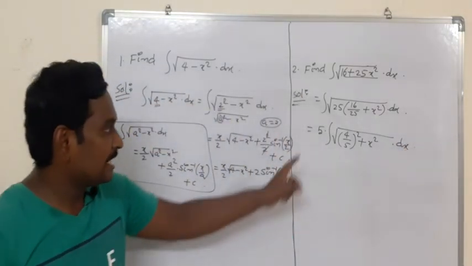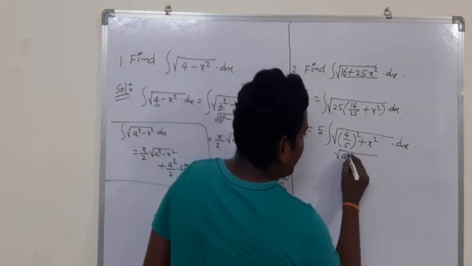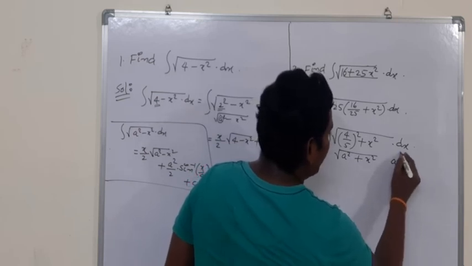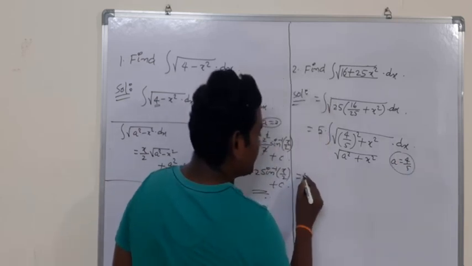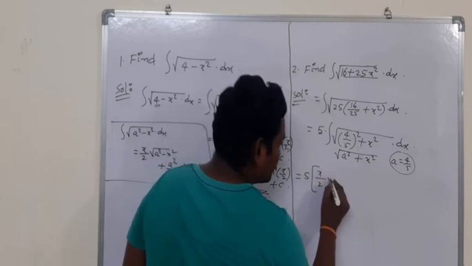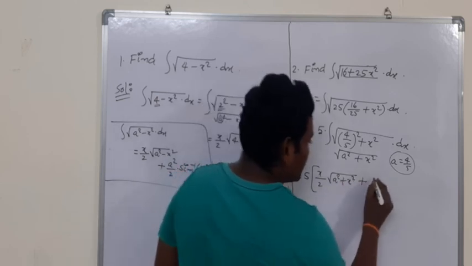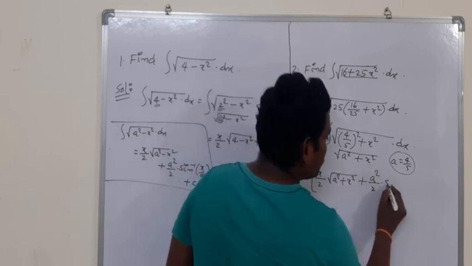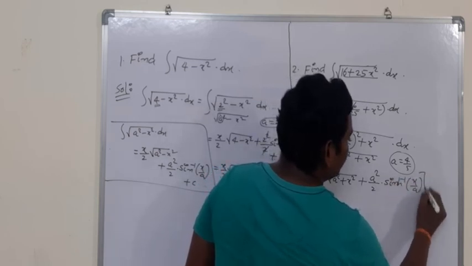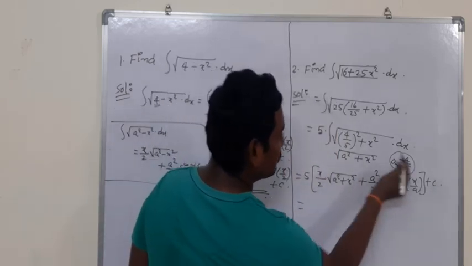Clearly we are observing that this is in the form of the integral root over a square plus x square. Here a is nothing but 4 by 5. So what is the formula for this one? 5 into x by 2. First you should write x by 2 into root over a square plus x square plus a square by 2 into sin h inverse of x by a plus c. Now replace the values. Here a is nothing but 4 by 5.